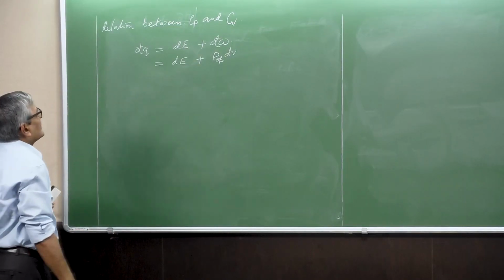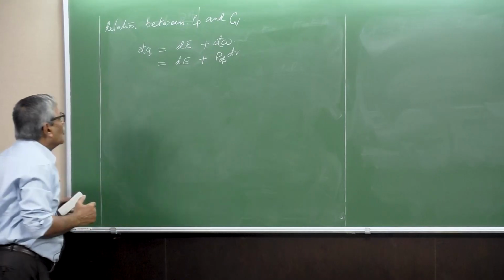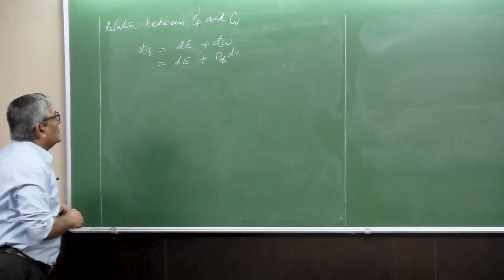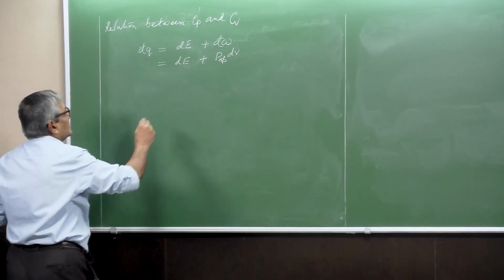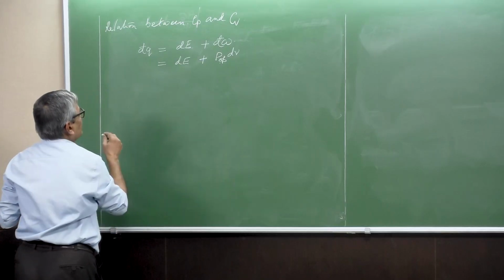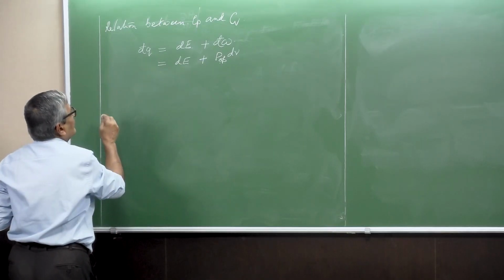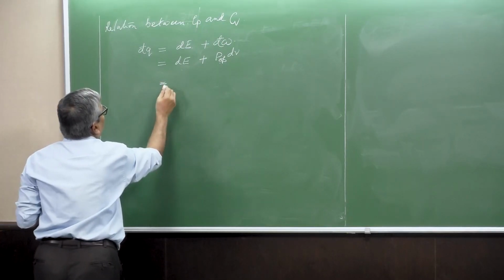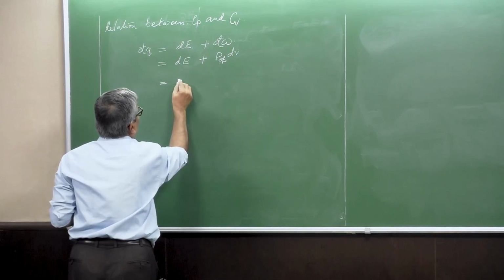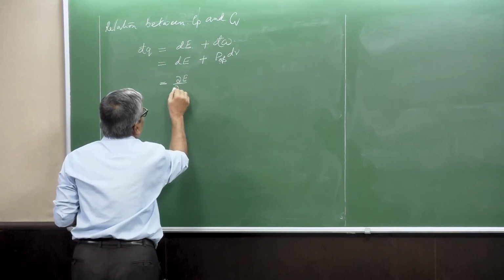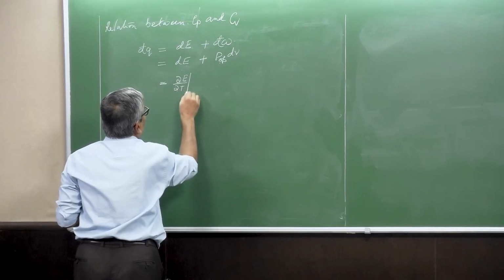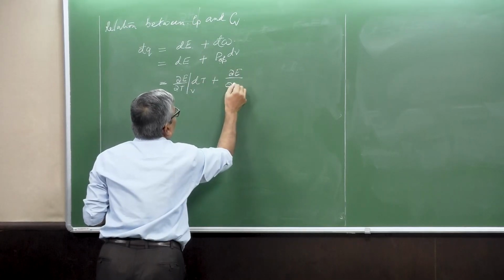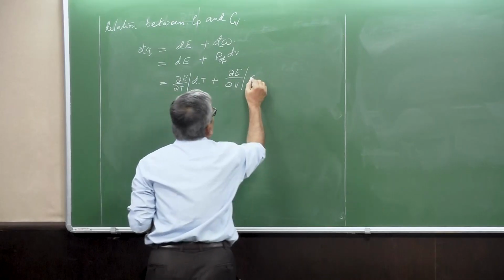P opposing is the pressure against which the system does work. Now dE can be written as (del E/del T) at constant volume times dT plus (del E/del V) at constant temperature times dV.